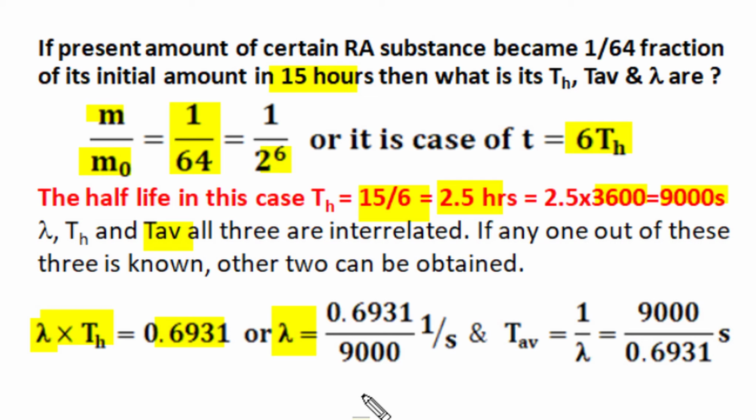So decay constant is 0.6931 divided by 9000, that is half-life, and the unit of decay constant is 1 by second. Average life is the inverse of decay constant, so it becomes 9000 divided by 0.6931, and its unit is seconds.